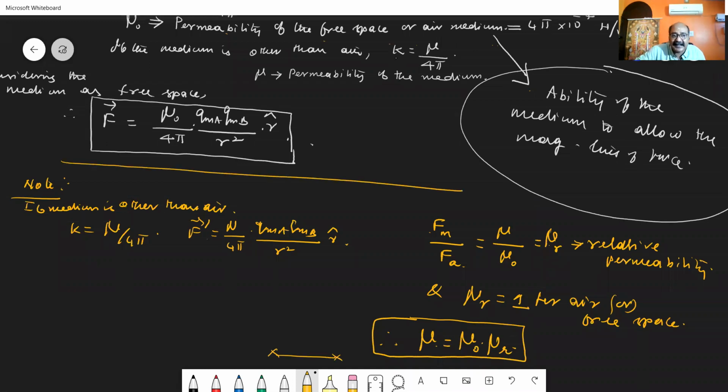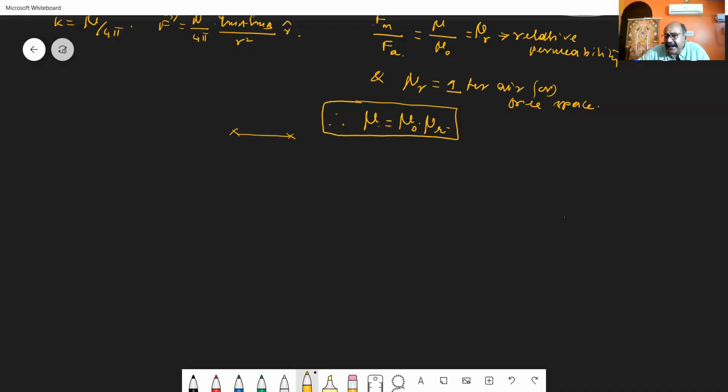Note this as a separate note, which will be useful for solving problems in entrance examinations. I have told that mu r is equal to 1 for air or free space. For all other mediums, mu r is greater than 1.